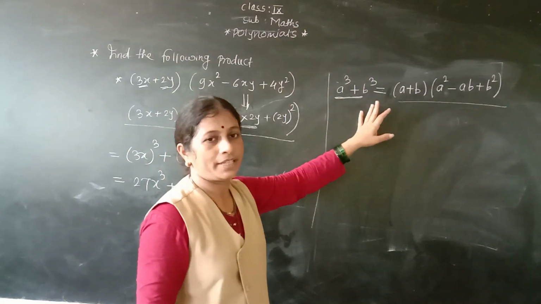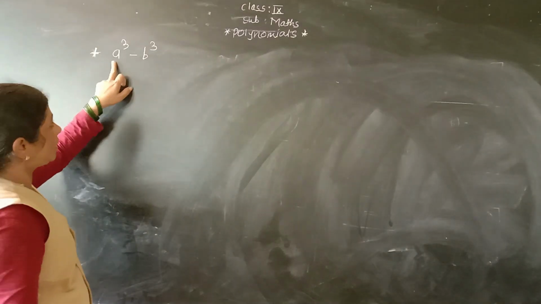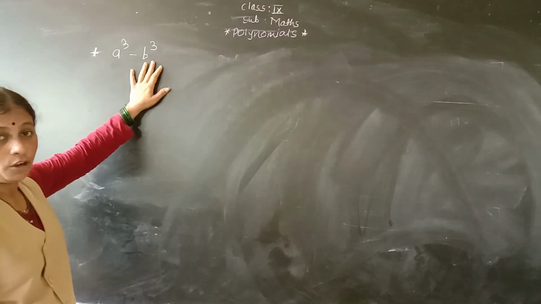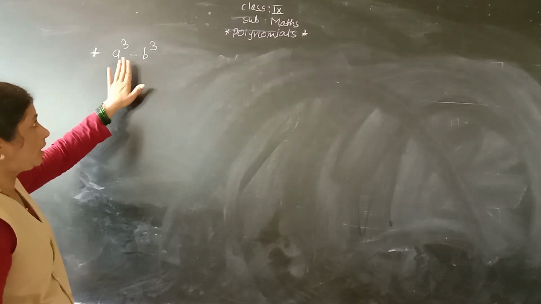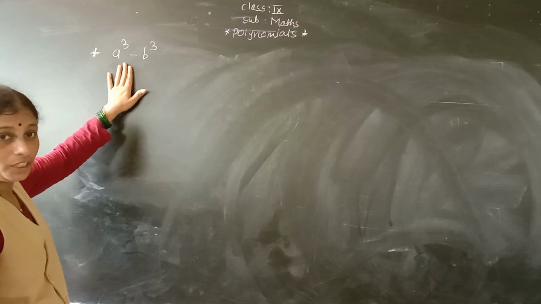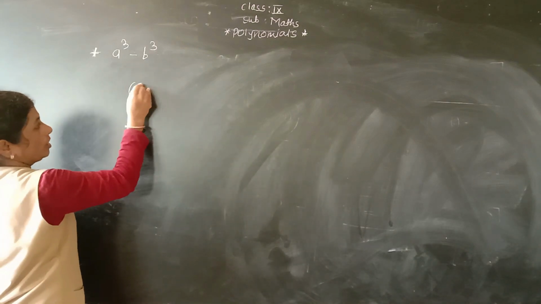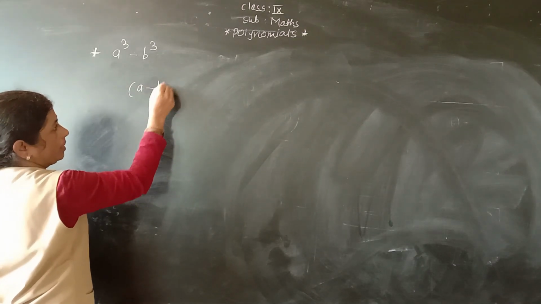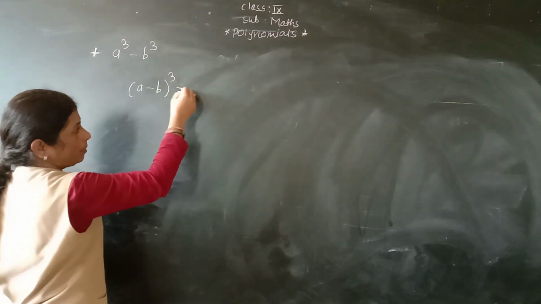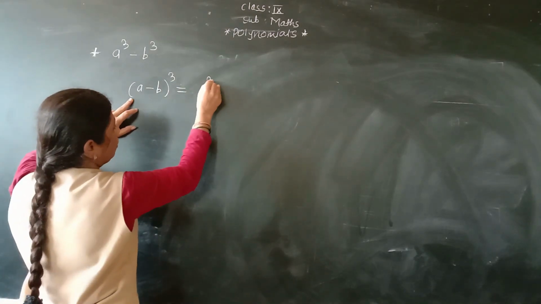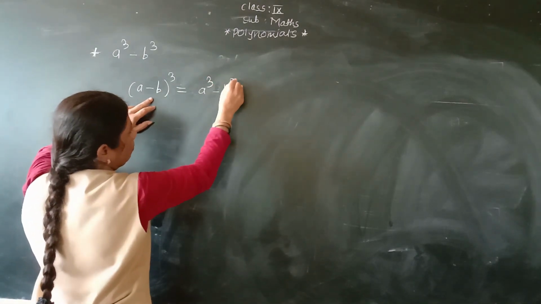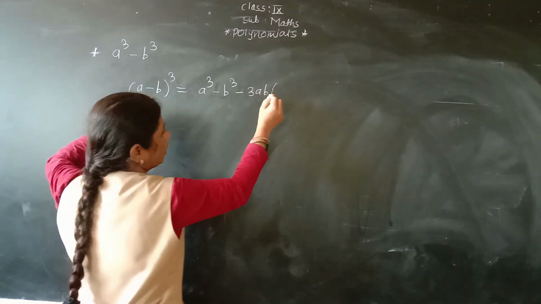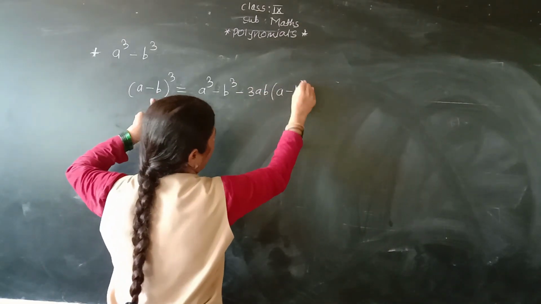Now we will see the expansion of a cube minus b cube. Now we see the next identity, a cube minus b cube. What is the expansion of this? We have already seen these terms in an identity: a minus b bracket cube, which is a cube minus b cube minus 3ab in bracket a minus b.